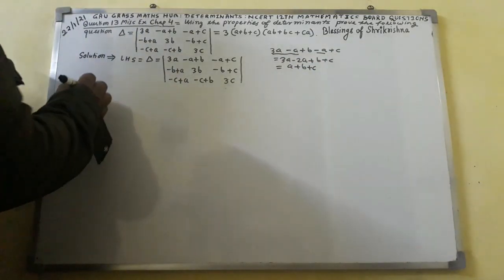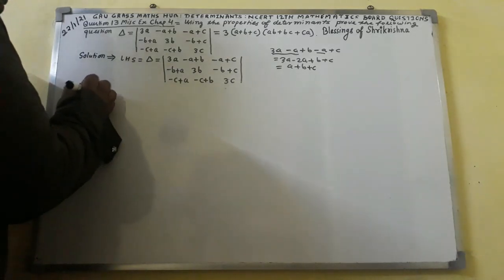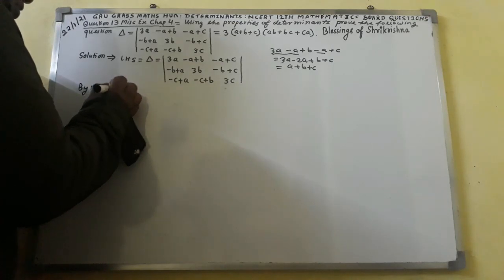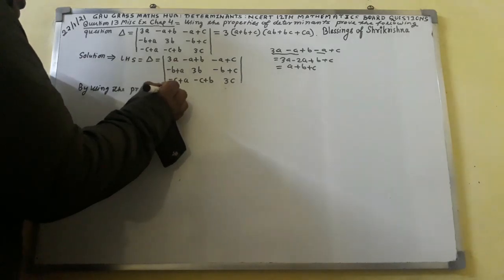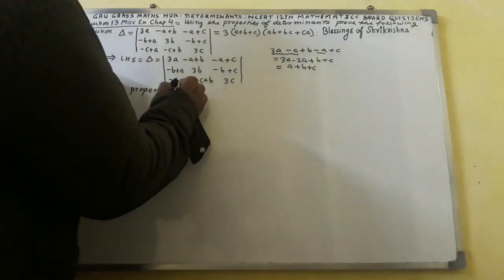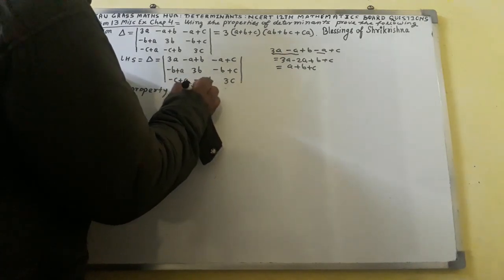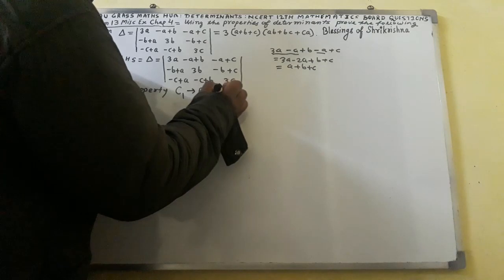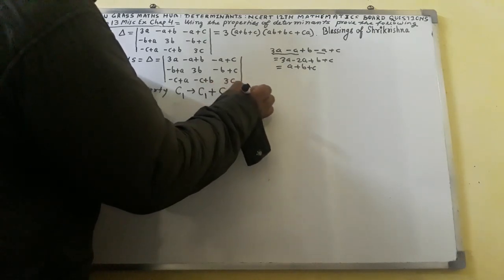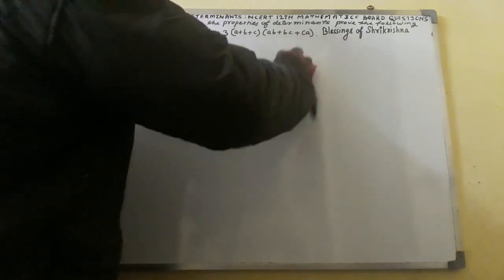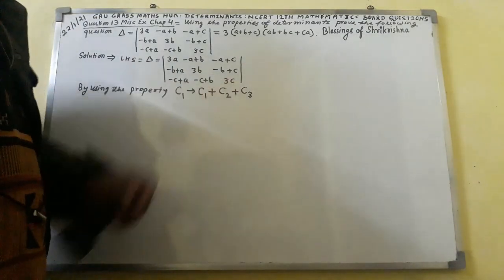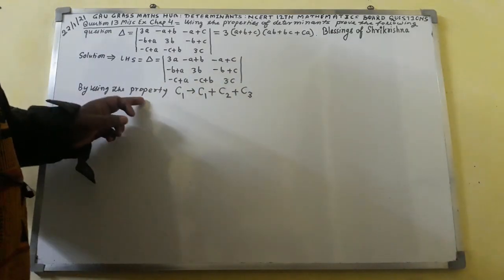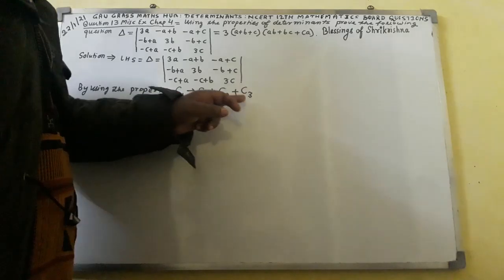Here I shall use the property C1 goes to C1 plus C2 plus C3.